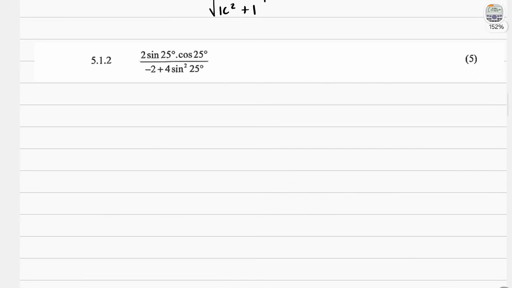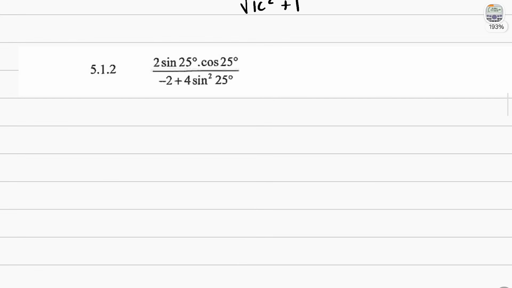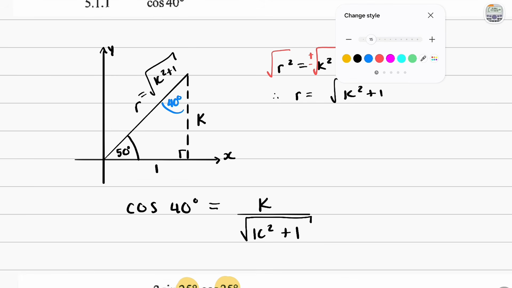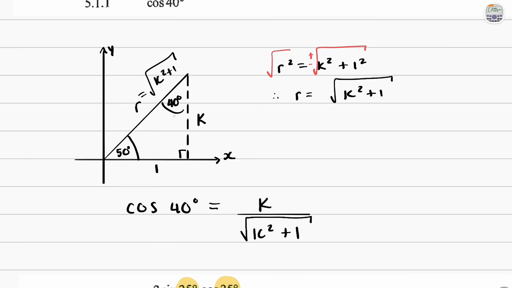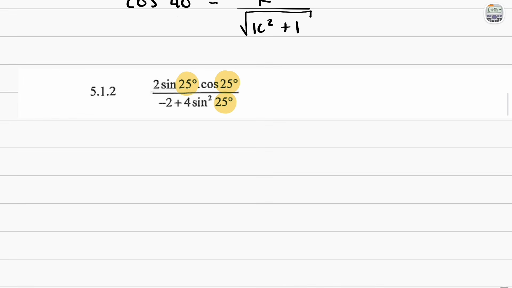The next question, 5.1.2, we have this expression and you can already see it has a very suspicious angle, 25 degrees, which we know is half of 50 degrees. So we're still working with 50 degrees really, but then we have to find a way to express this so that it says 50 degrees and then we can actually express it in terms of k.